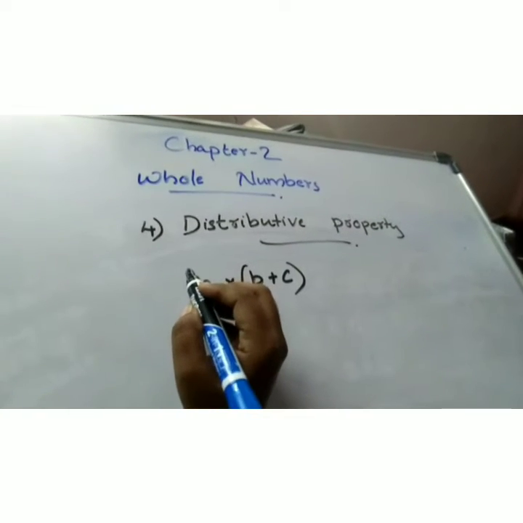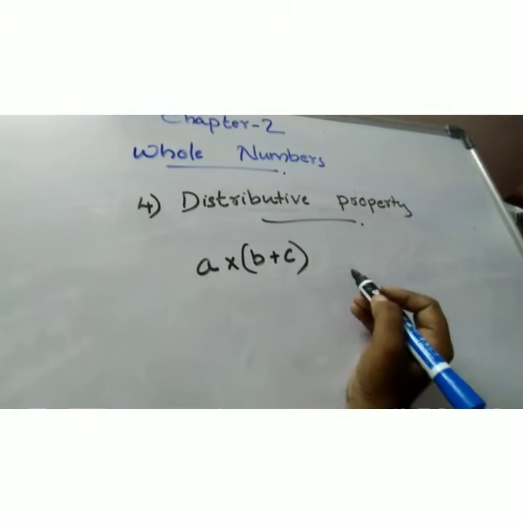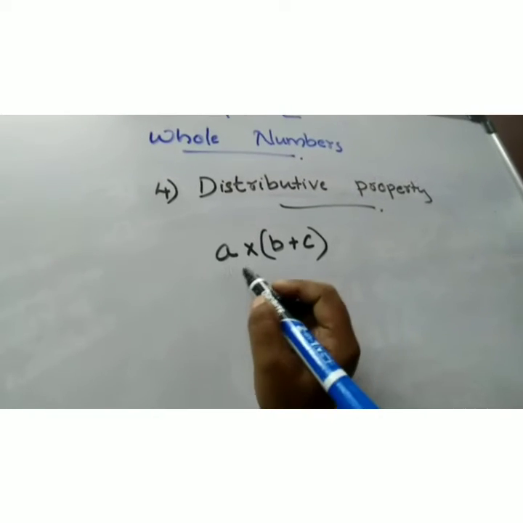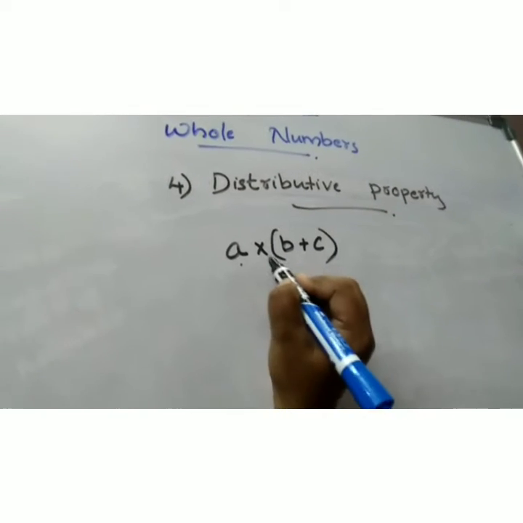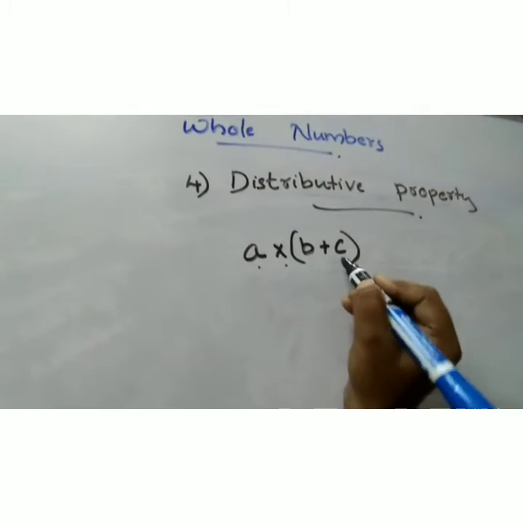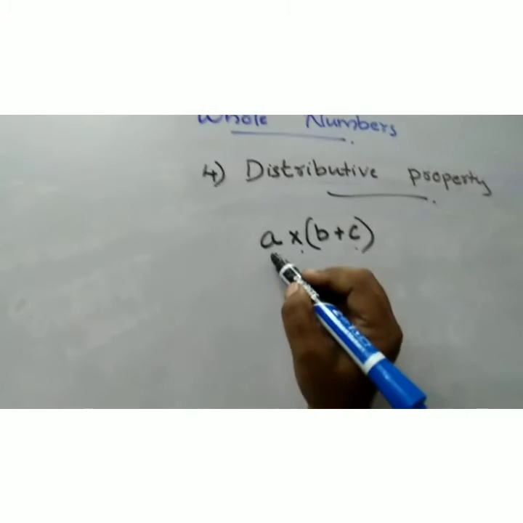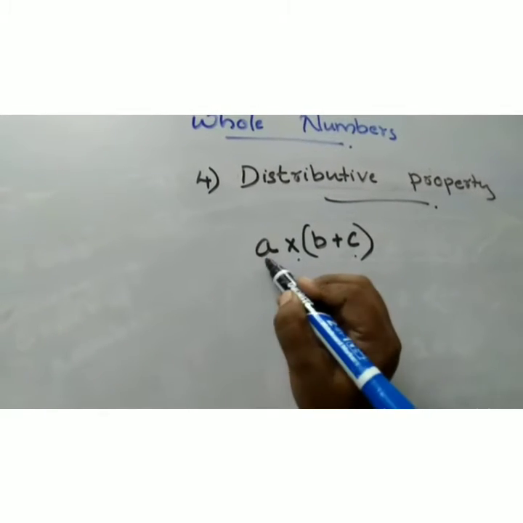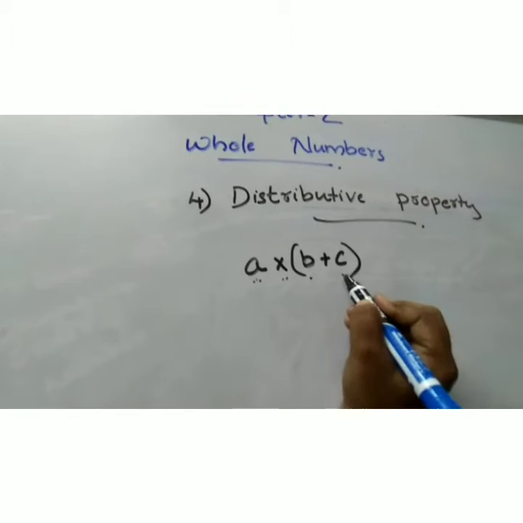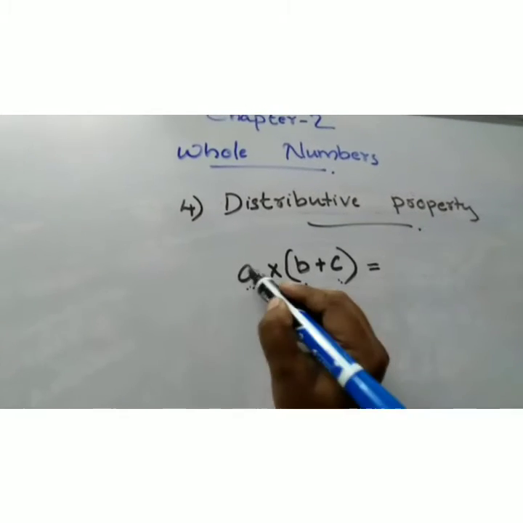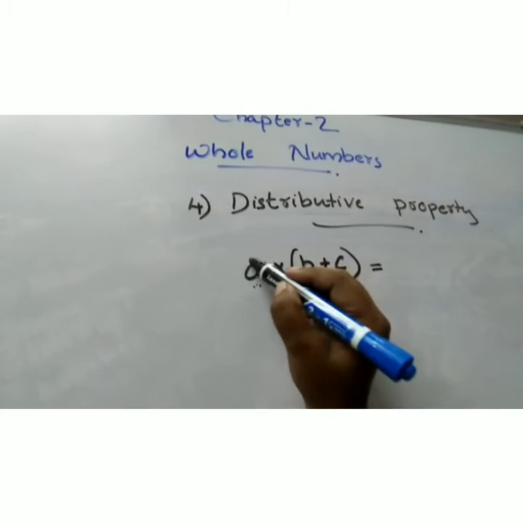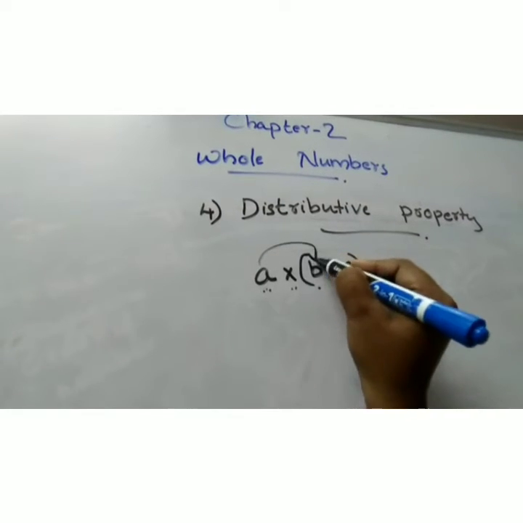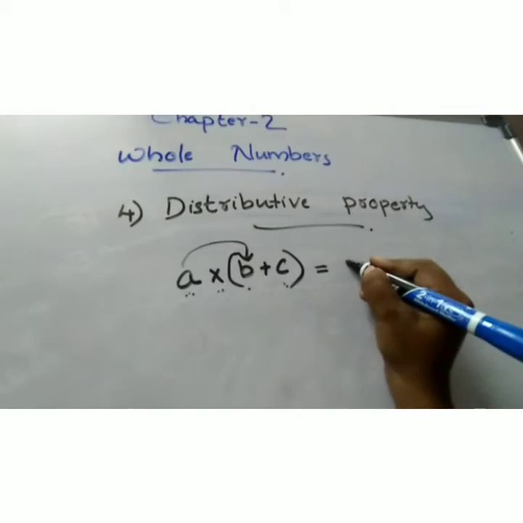The fourth property is the distributive property. Distributive property, A into B plus C is equal to, okay, AB.